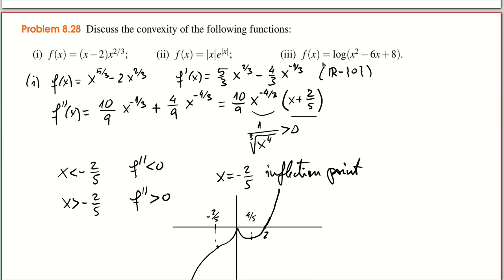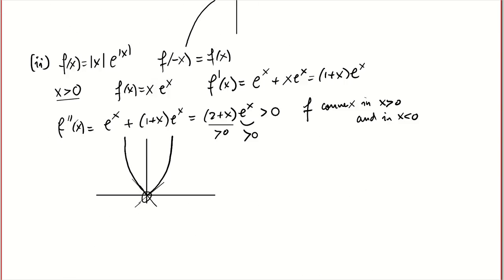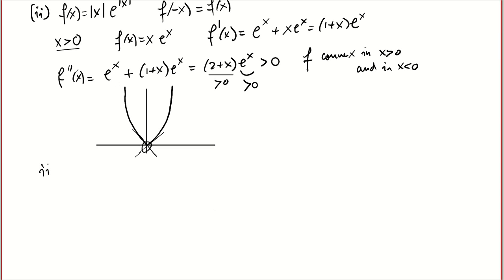Then we have this third function, right? It's the logarithm of a quadratic polynomial, which is x squared minus 6x plus 8. So f of x is equal to the logarithm of x squared minus 6x plus 8, right?